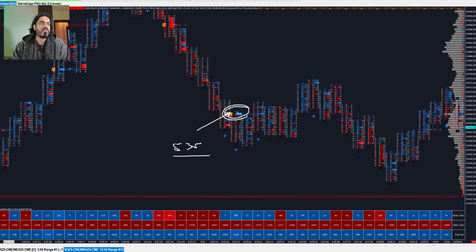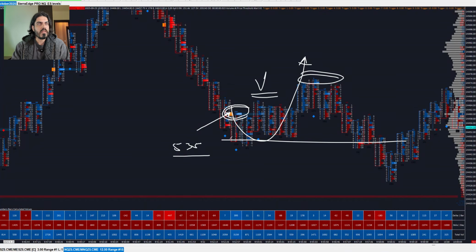What you want to do is wait for them to push up, so this move up here, to confirm that they're actually real, and then the bottoms of those rotations, if you wait for a second test of that area to see a rotation off it, that's going to be your entry. So I saw this guy and got in a little too excited without letting confirmation actually set in.